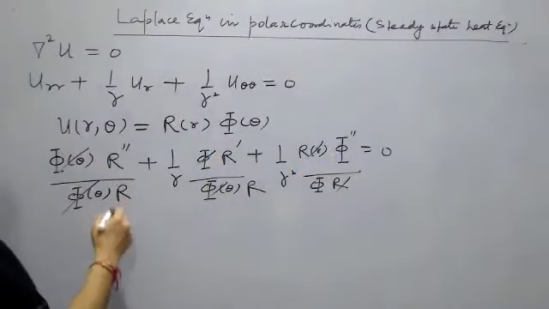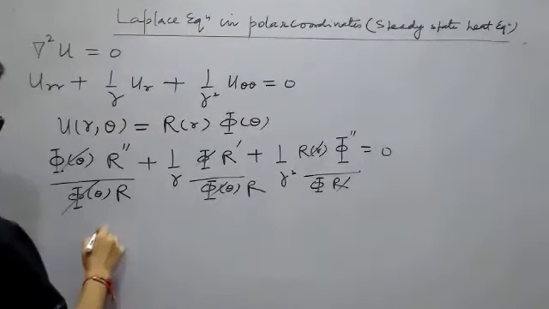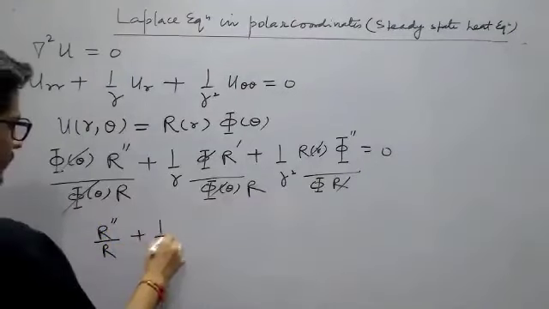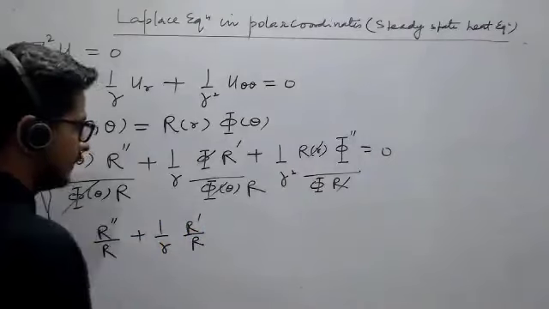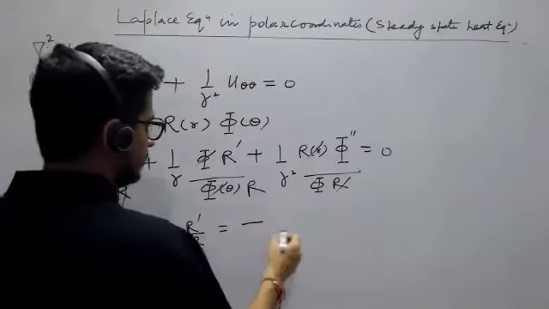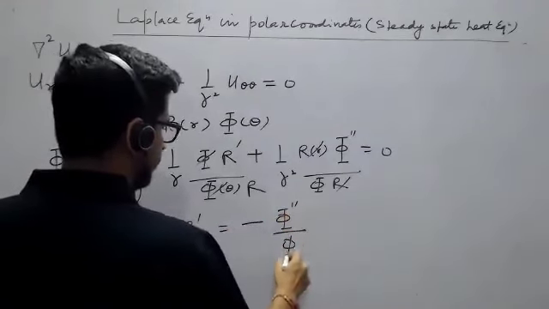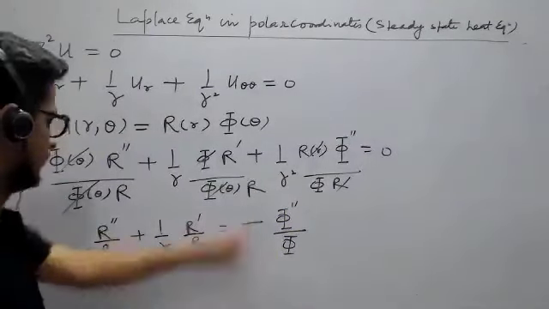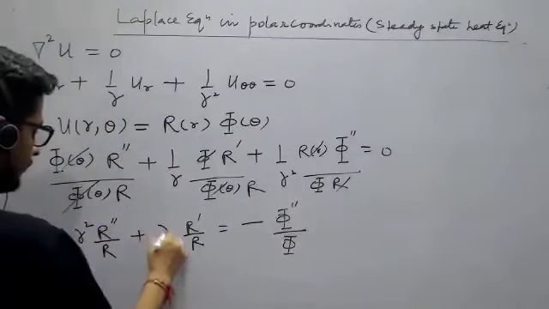So it will become R double dash by R plus 1 by r R dash by R is equal to minus Theta double dash by Theta, and r square is here, so let us multiply it here, r square and R.